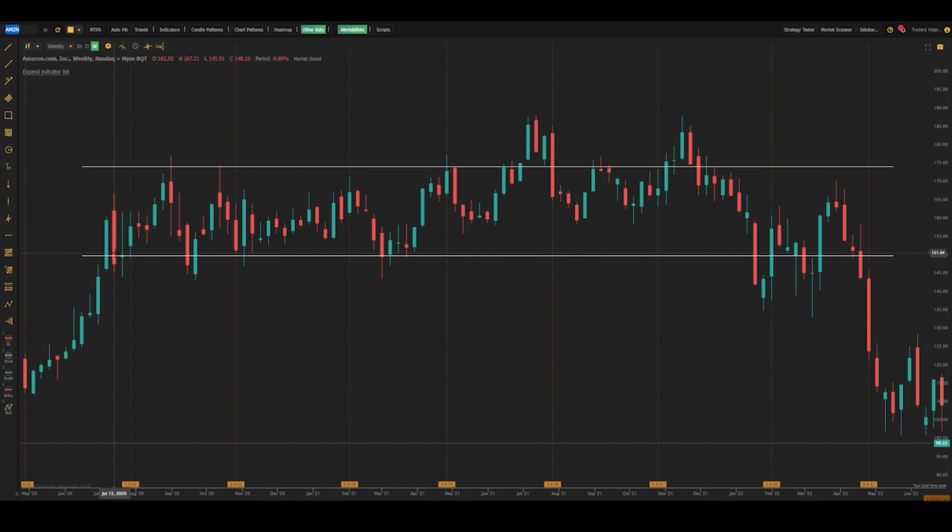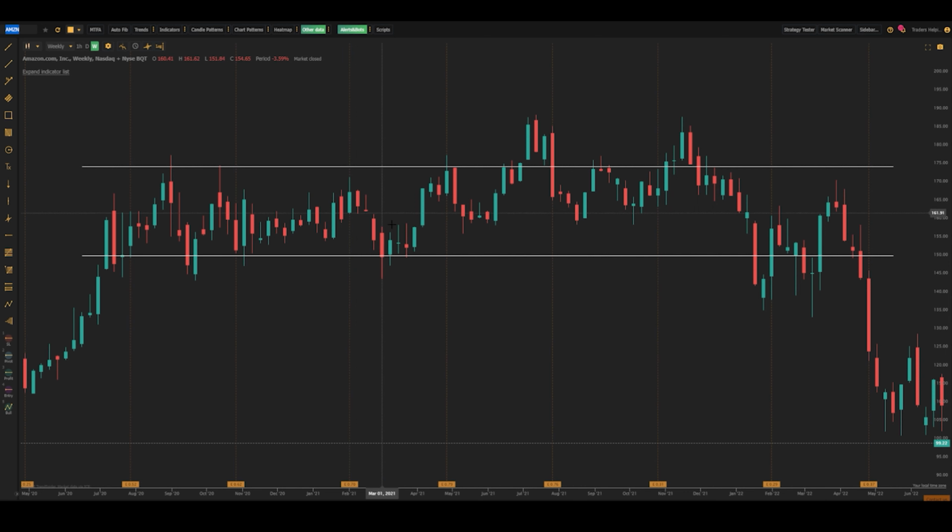Within that two-year span, you can see that we ended up trading within this trading range. One of our trend lines, or our resistance area, would be right up here at the price of $175. This is because we rejected one, two, three, four, five, six, seven times, then broke through. So that level of 175 is a very strong resistance.